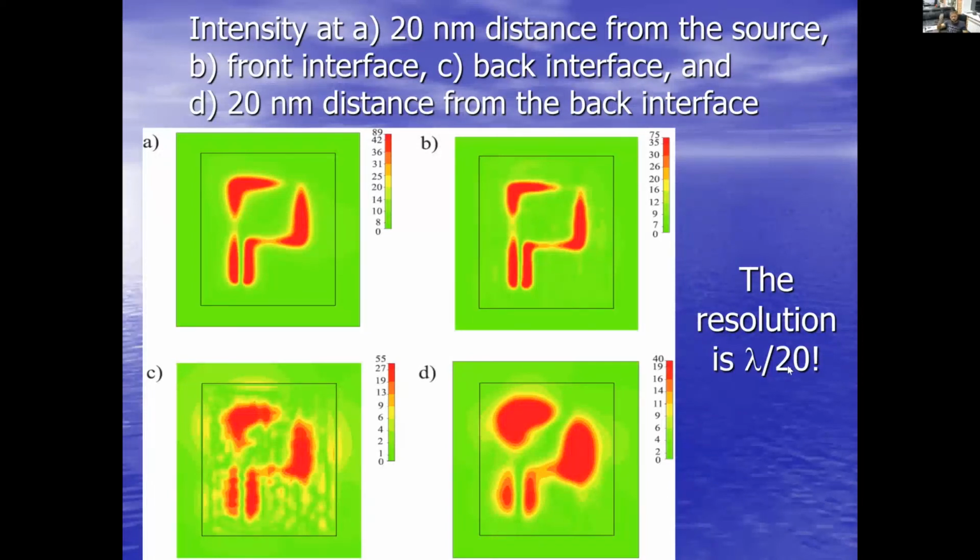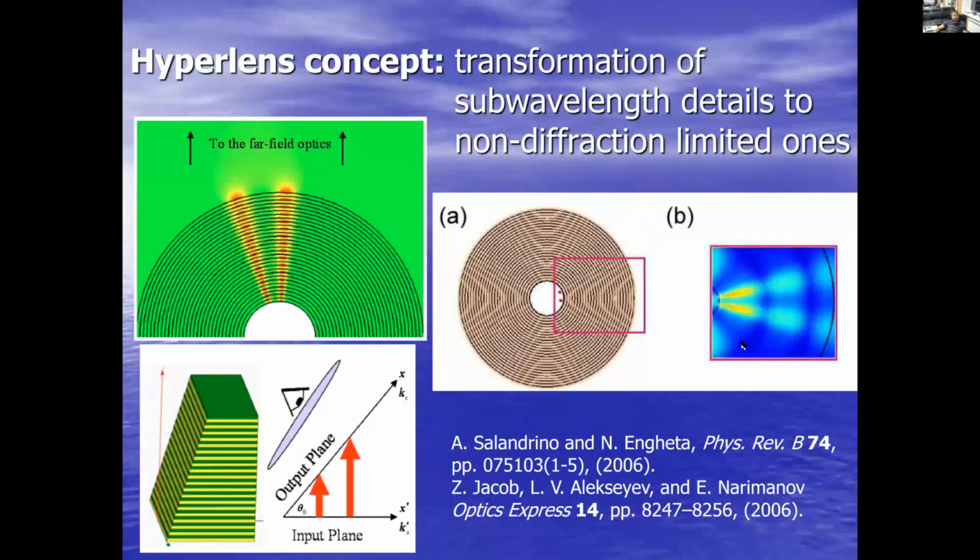So this was a realization of the canalization principle for the visible domain, but at the same time there was very strong competition with other groups. In parallel, the group of Nader Engheta and Evgeny Narimanov were inventing, in the same year, 2006, the hyperlens concept. They were using exactly the same multi-layered metal-dielectric structures for that purpose, but in the hyperbolic regime.